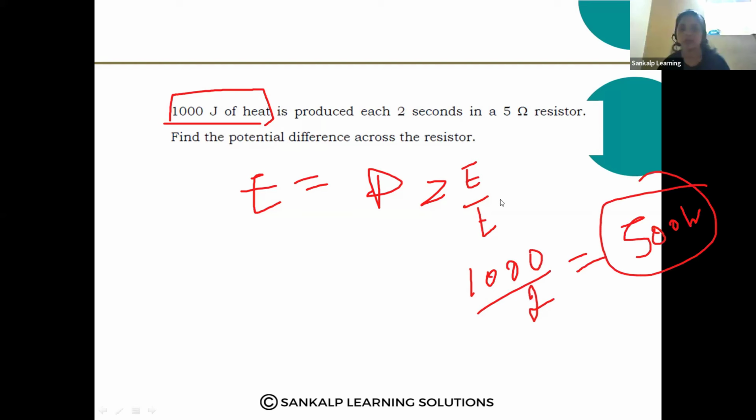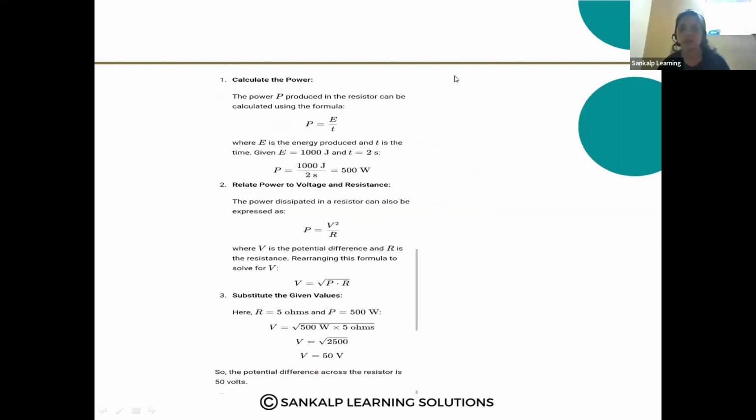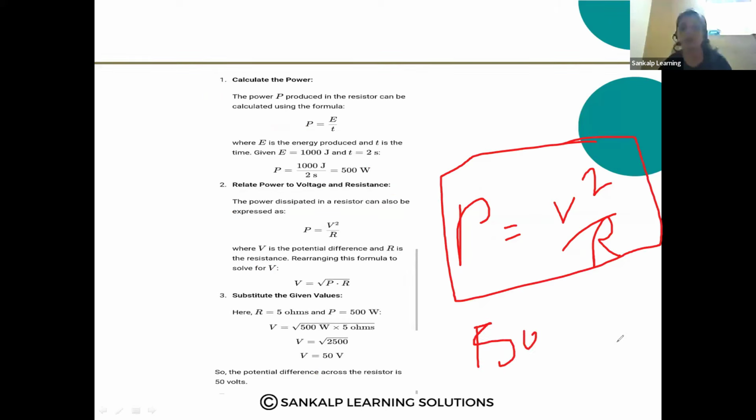Then next we have to find out the potential difference, that is V. P is equal to V square by R formula. So we know P is 500, R is 5 ohms. Then what will be the V square?